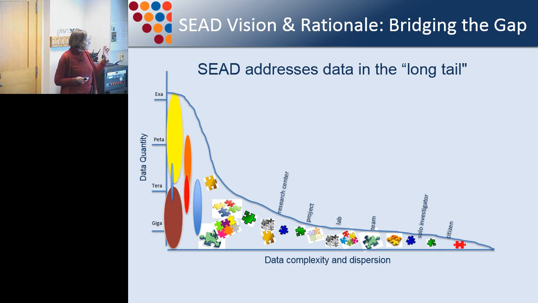Many of the investments in data management have been oriented to large petascale data collections, things like the Sloan Digital Sky Survey, the data coming out of places like CERN, where you have very large collections of relatively homogeneous data.